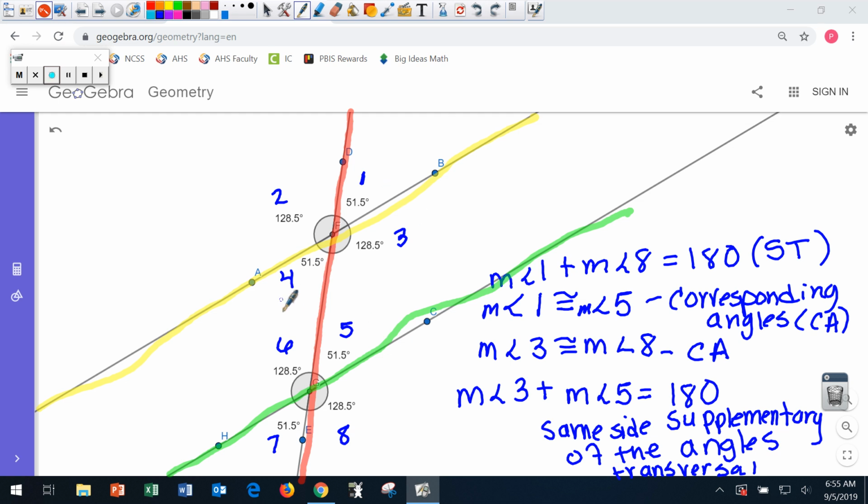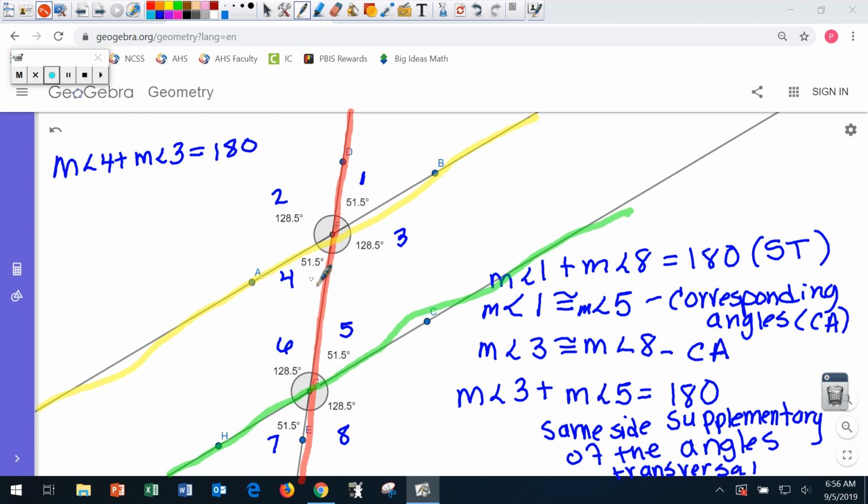So if we look at 4 and 3, if we add these two angles together, they are supplementary. So I want to say the measure of angle 4 plus the measure of angle 3 is equal to 180 degrees.